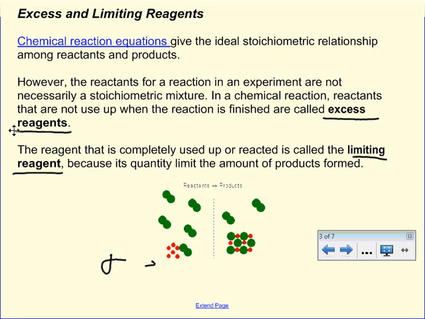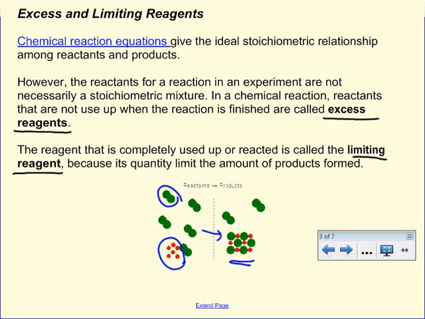So if I take a look below here, I have my blue diatomic molecule here, and I have my red one here. As I move from my reactants to my products, all the red ones get used up.